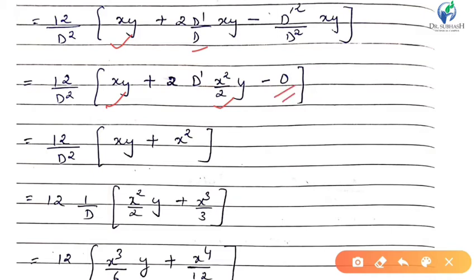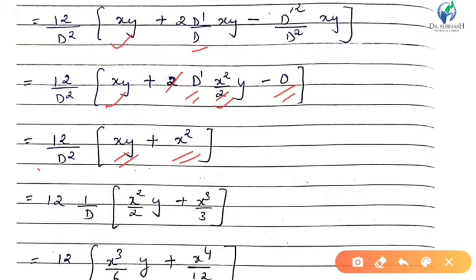This term I am keeping as it is, and now since here it is D dash, I will differentiate this term with respect to y, so x square by 2 will be as it is and y will become 1, and this 2 and 2 will get cancelled, so only x square will be left.